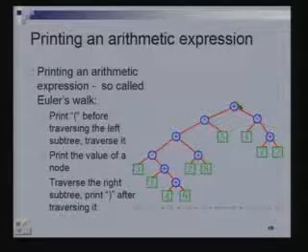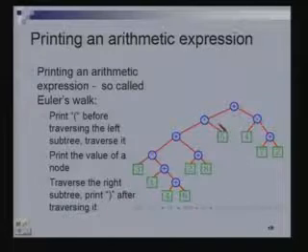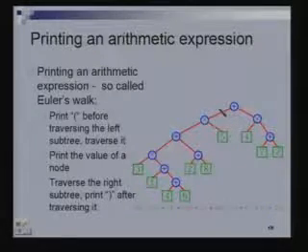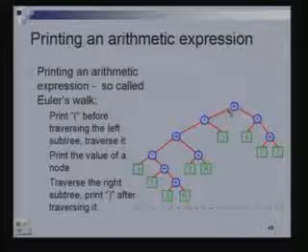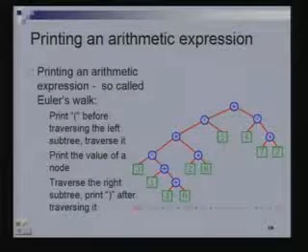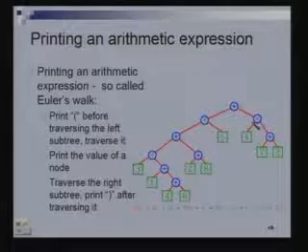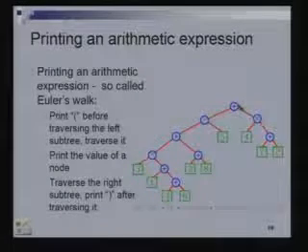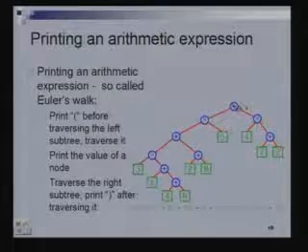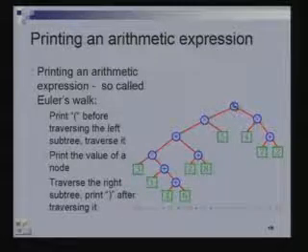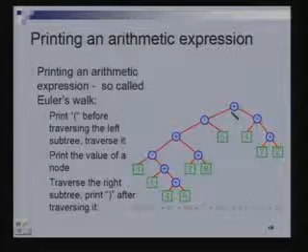Suppose I am here, before I start on the left subtree, I'll print a left bracket. When I finish with the right subtree, I'll print a right bracket. This corresponds to taking this path up, going up like this. And when I'm coming like this and touching this node, then I'll just print out the content of the node.